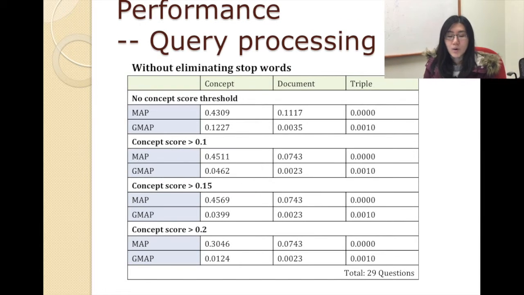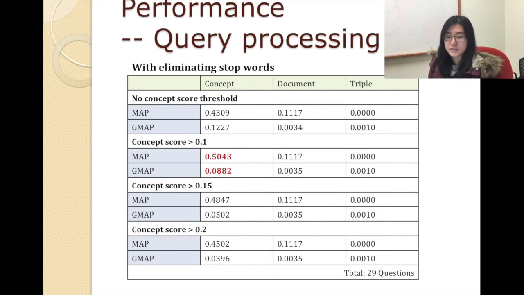Let's look at our performance in query processing. We try different ways and use different concept score thresholds to process query questions into queries. The first figure is performance without eliminating stopwords, and the second figure is after eliminating stopwords in the queries.